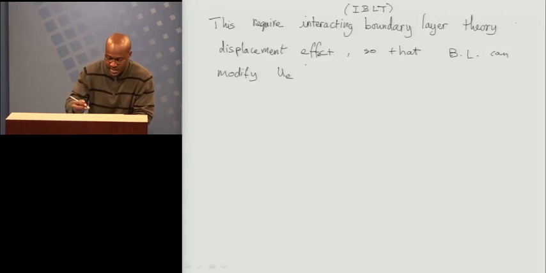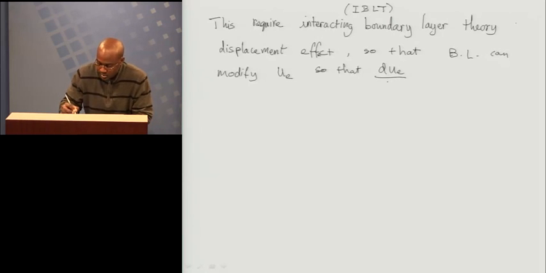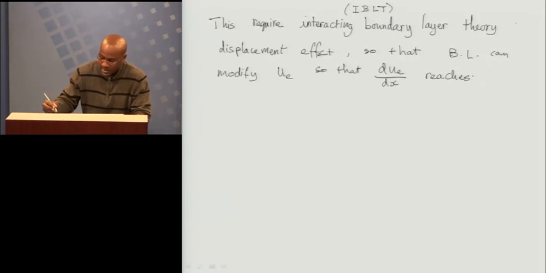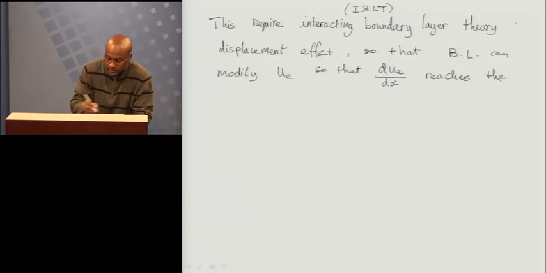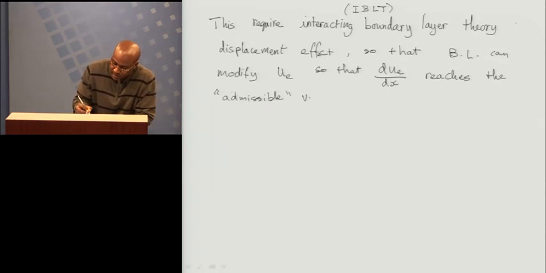So it modifies the edge velocity so that due/dx reaches the acceptable limit, or the admissible value or limit.